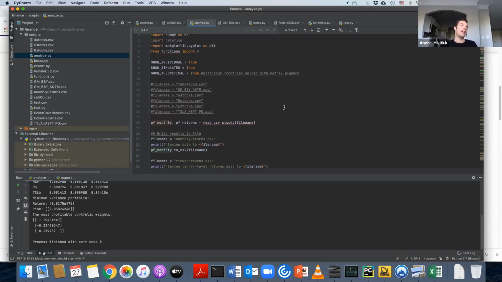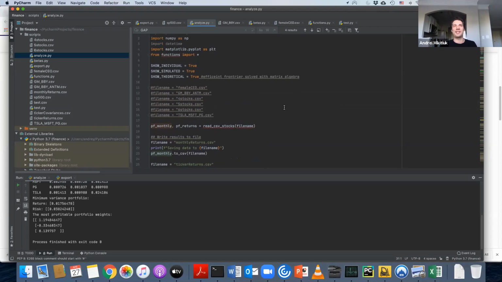So imagine that we have a hedge fund and we have some investment idea. If we're individual investors, we would probably say, hey, I would just buy the index fund. It probably has a more or less good combination of various stocks.